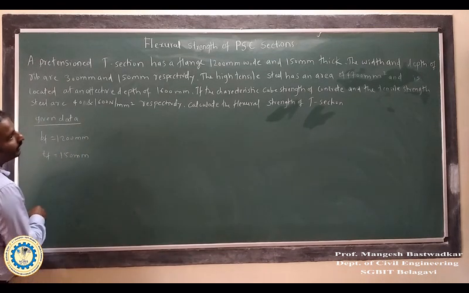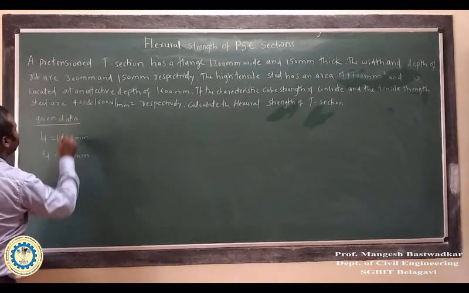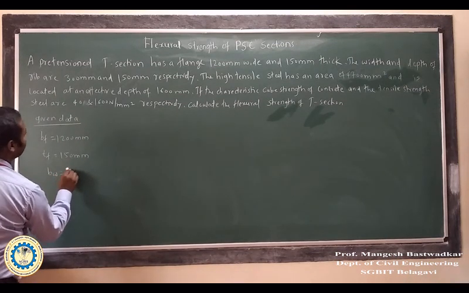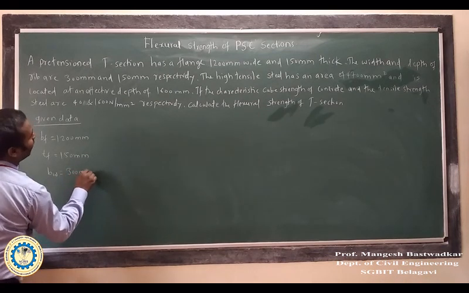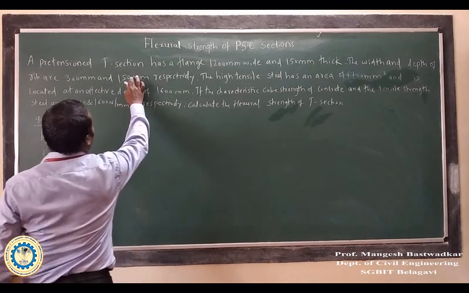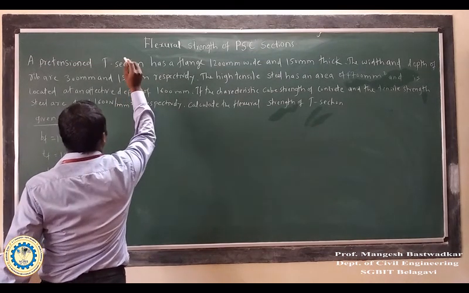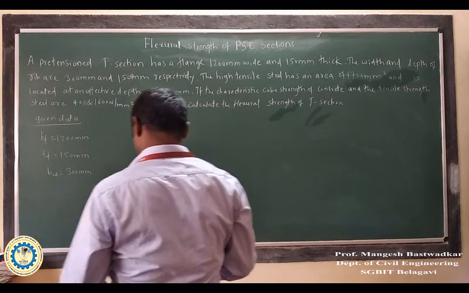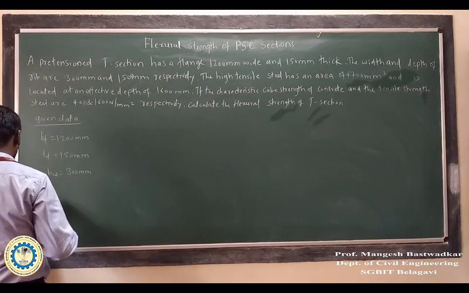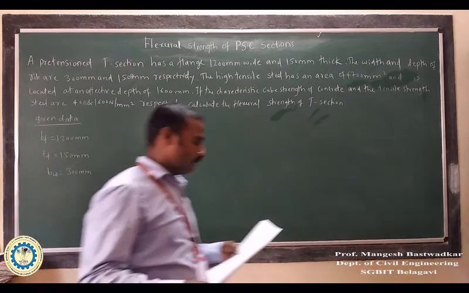Then the width and depth of the rib are given. Width of the rib, BW, is 300 mm. The depth is 1500 mm. The width of the rib is 150 mm.